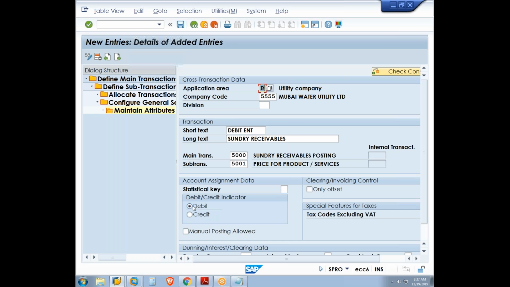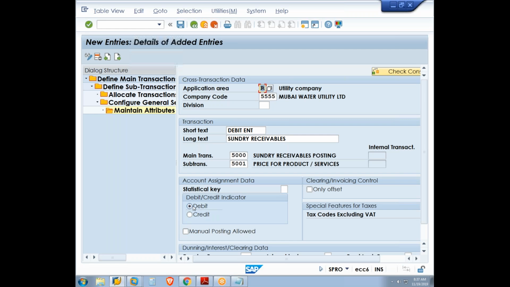But when you're debiting the contract account, the price itself has to be credited to the price account. That means for 5000, we are maintaining the reconciliation account, and the contract account is posted using the main transaction debit entry, the price amount. But price is basically a revenue. That revenue account also has to be determined.